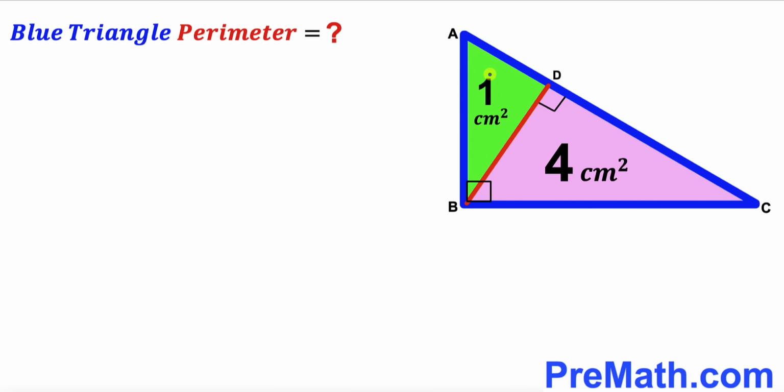Moreover, the area of the green shaded triangle is 1 centimeter square, whereas the area of the purple triangle is 4 centimeters square. Now our task is to calculate the perimeter of this blue triangle ABC.